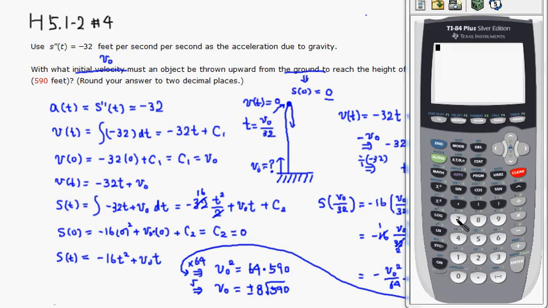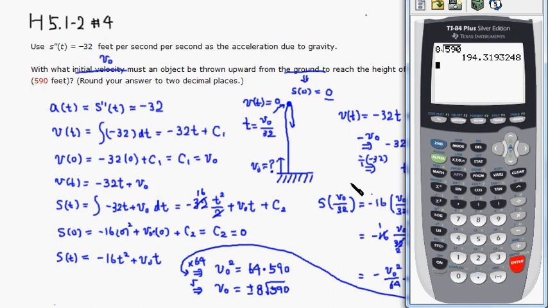Let's type it in: the square root of 590, then hit enter.